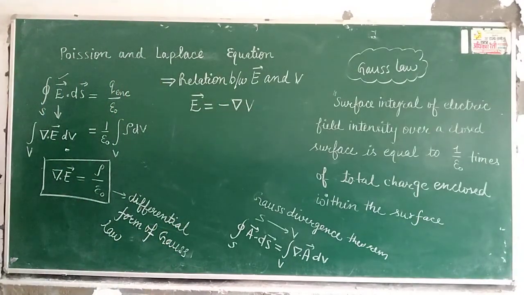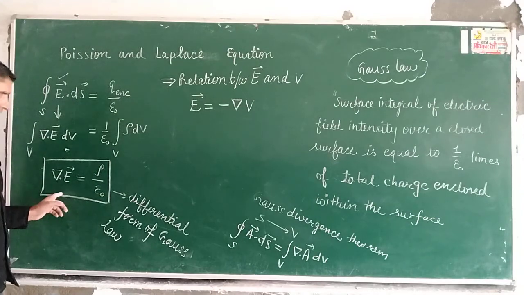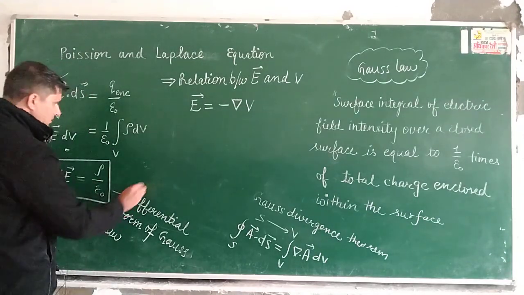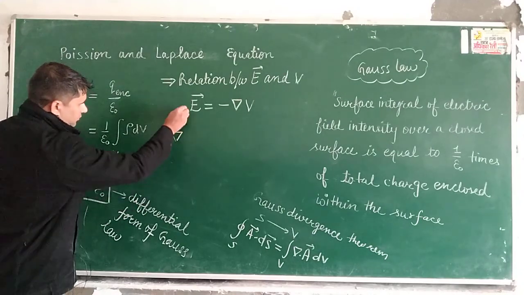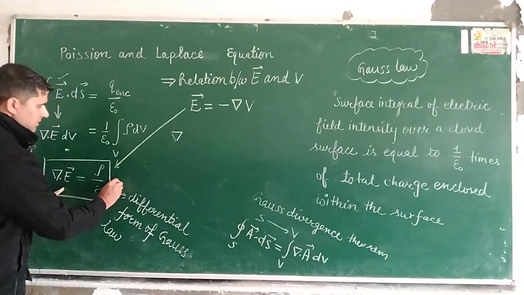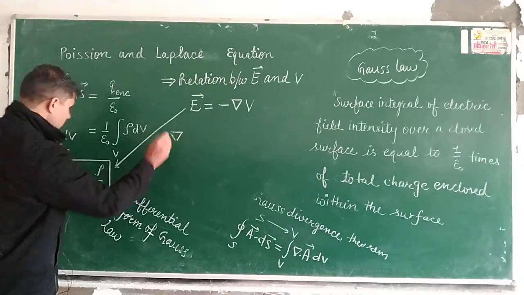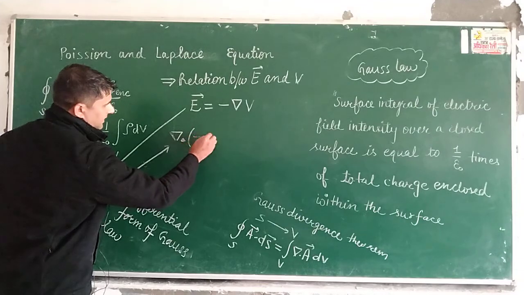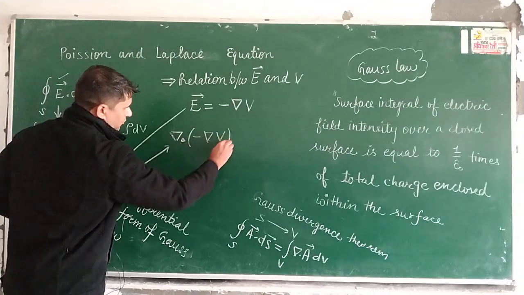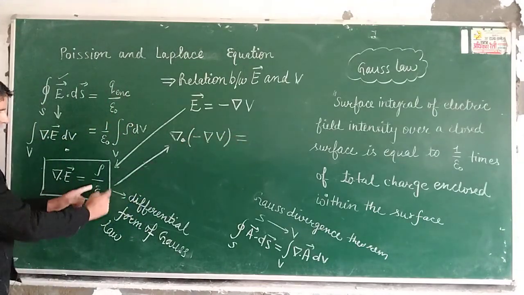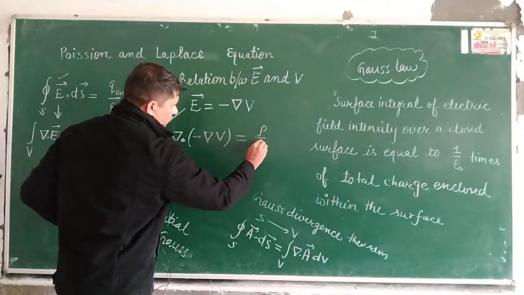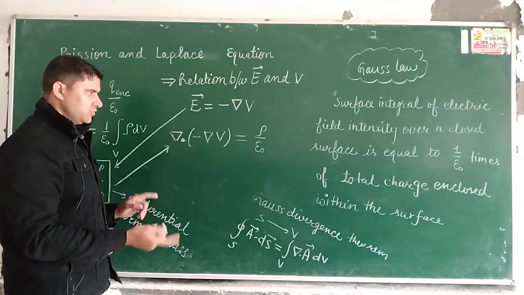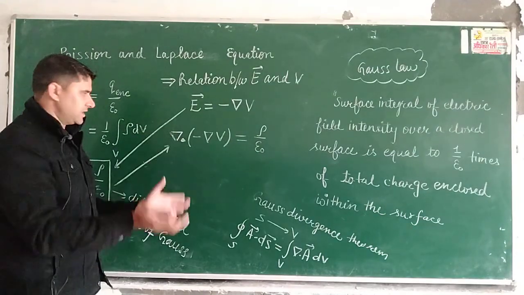So if we substitute this relation in the differential form of Gauss law, then we get divergence of E, and E is equal to negative of gradient of potential, so this will be equal to rho by epsilon naught, where rho is the charge density in the volume V enclosed by surface S.